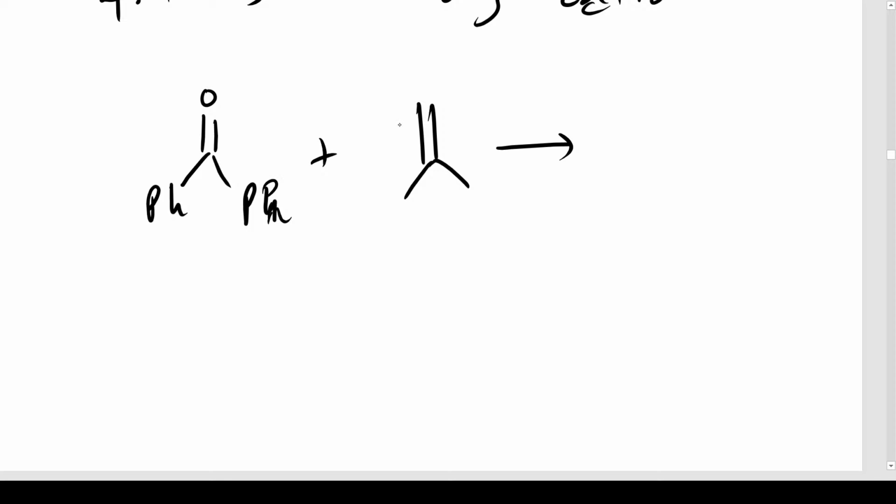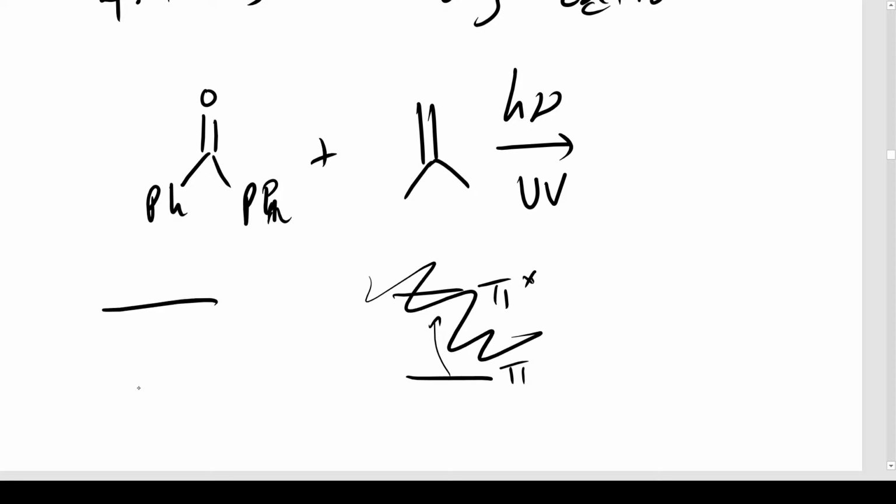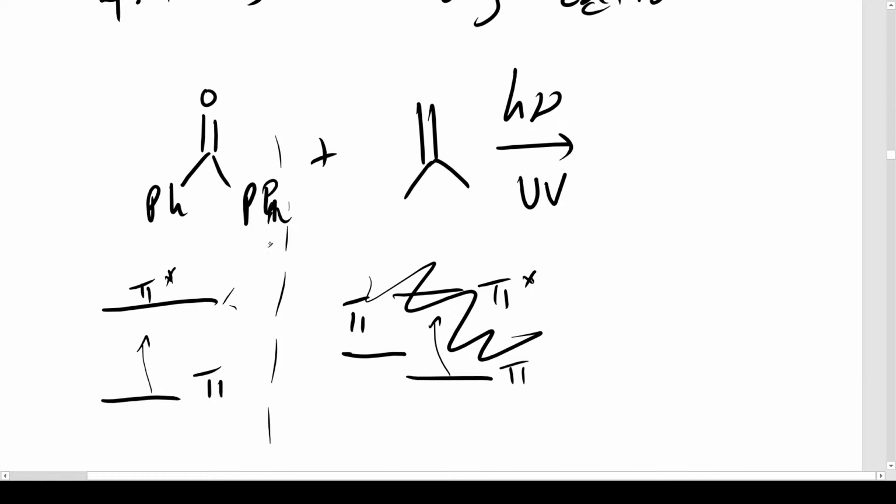So by using light, UV light, what happens: the double bond becomes pi star, okay, maybe I should say that, sorry, it's more the pi of this carbonyl that is excited to pi star, and the pi orbital of the double bond interacts with the pi star of the carbonyl to give the product.